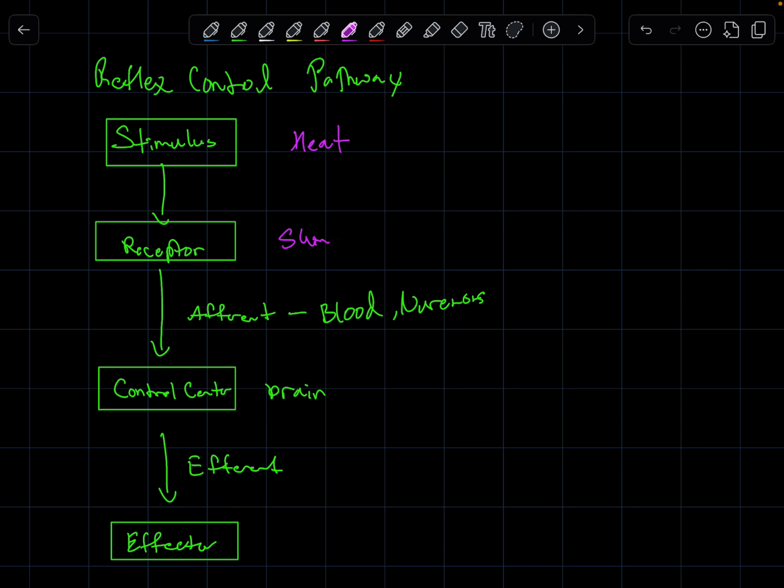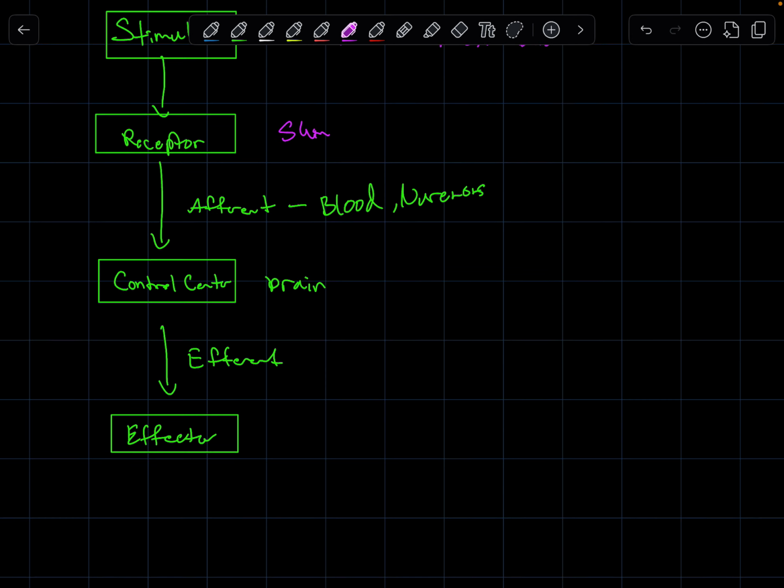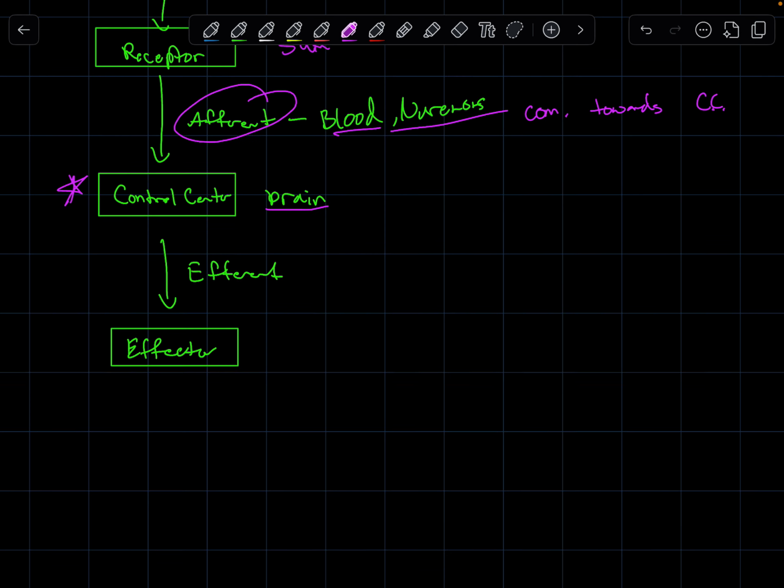So an increase in the extracellular environment will signal the skin to communicate with the control center, or the brain, through blood and neurons, which is called the afferent pathway, which is communication towards the control center. Sorry, I'm abbreviating a ton. Once the brain receives this, the message will go to the hypothalamus.